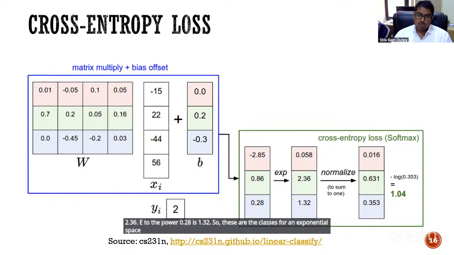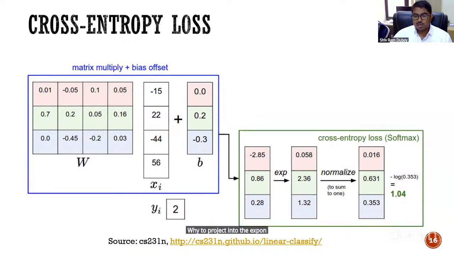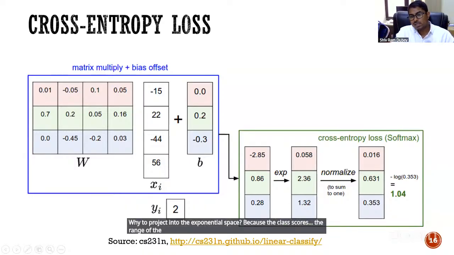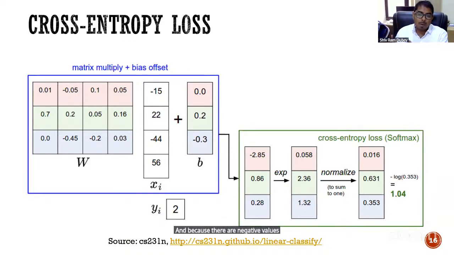Then the question comes: why project into the exponential space? Because the range of the class scores is from minus infinity to plus infinity, but we need to convert these class scores into probabilities. And because there are negative values, it will create a problem if we convert into probability.